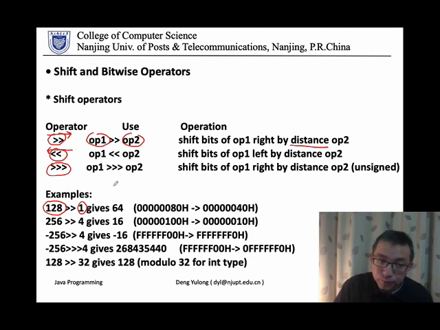This is the literal for the int type, so 128 is 32 bits inside the computer.